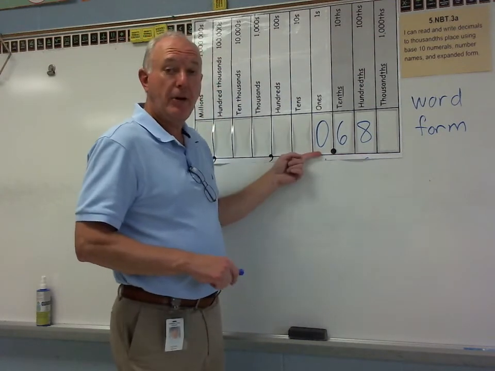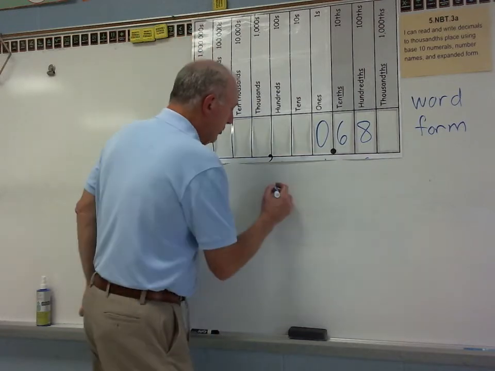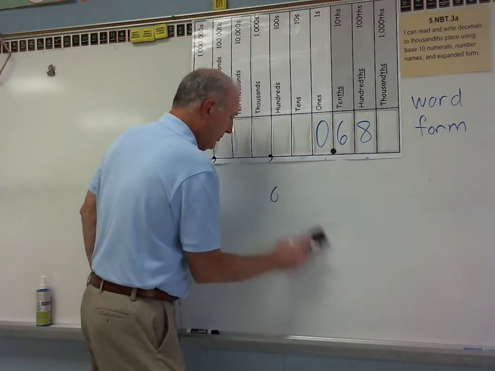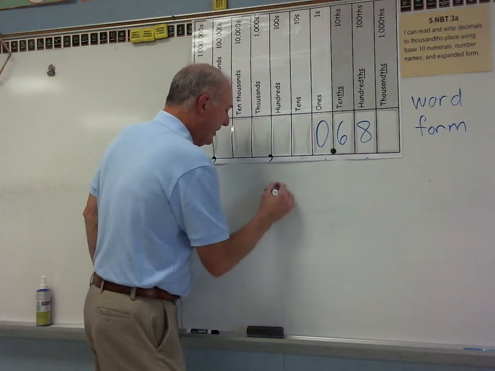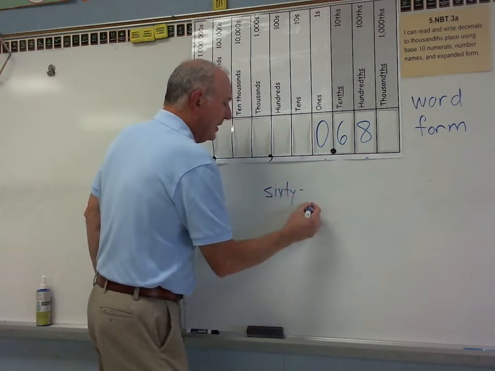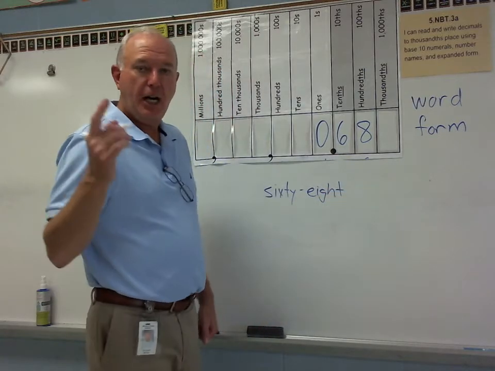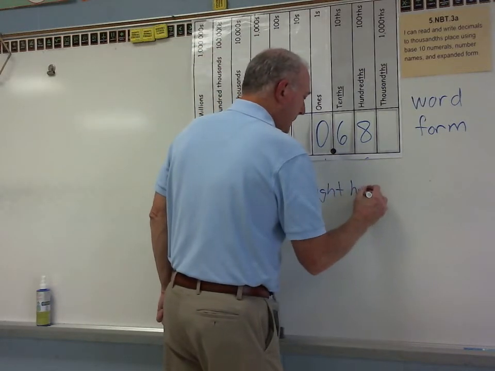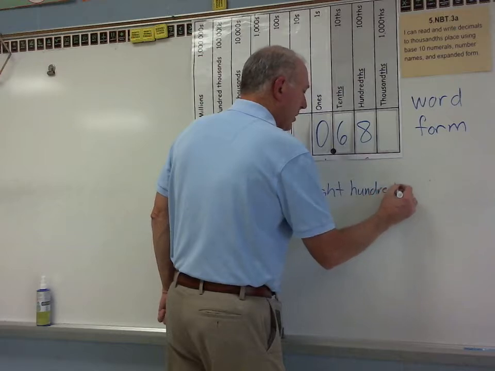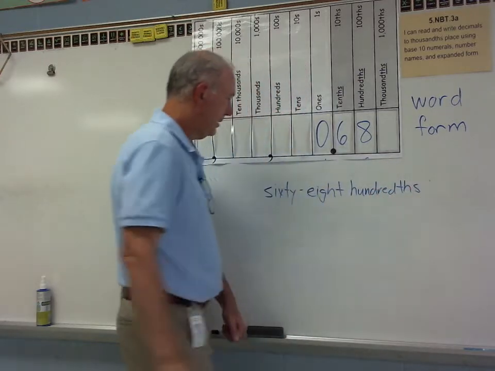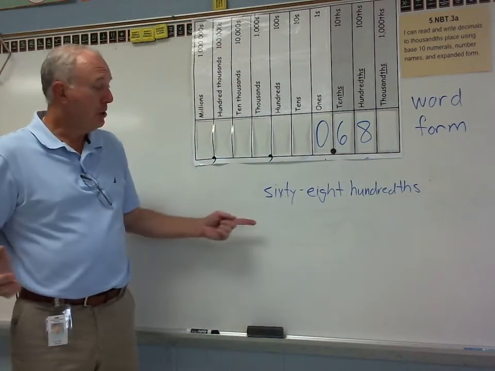So keep that in mind. Don't ever write 0 and. It would be like this. Word form. 68, that's with a hyphen, hundredths. There's no and. You don't use the word and.